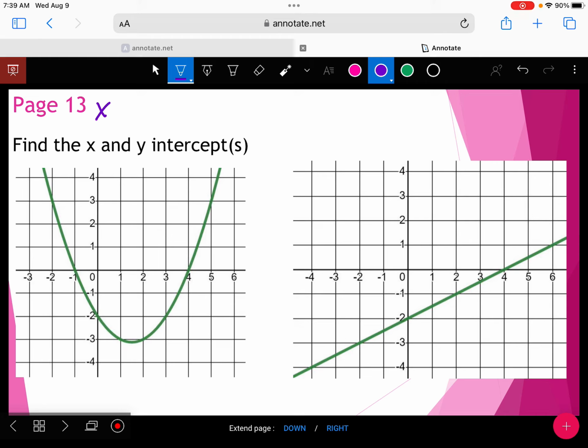So x-intercept on this graph here, this left one, the curve, are nonlinear. X-intercept is where it crosses our x-axis. This guy's my x-axis right here. So where does it cross my x-axis? -1 and +4.